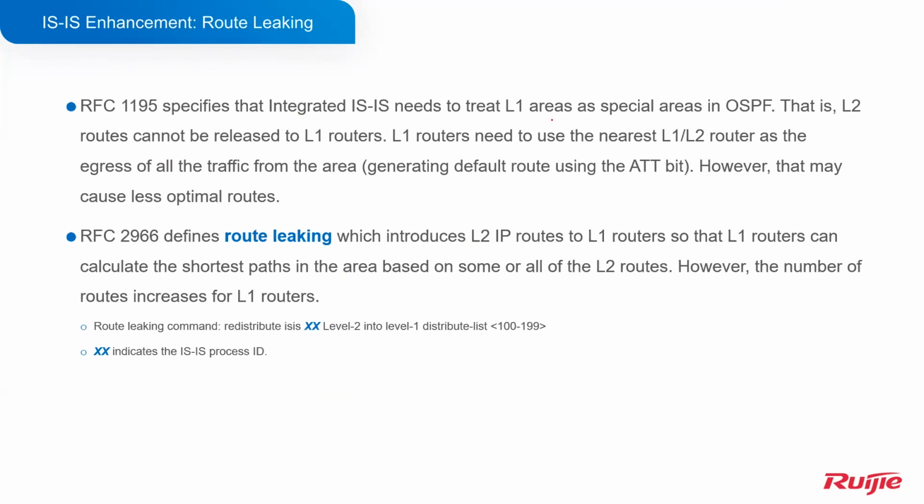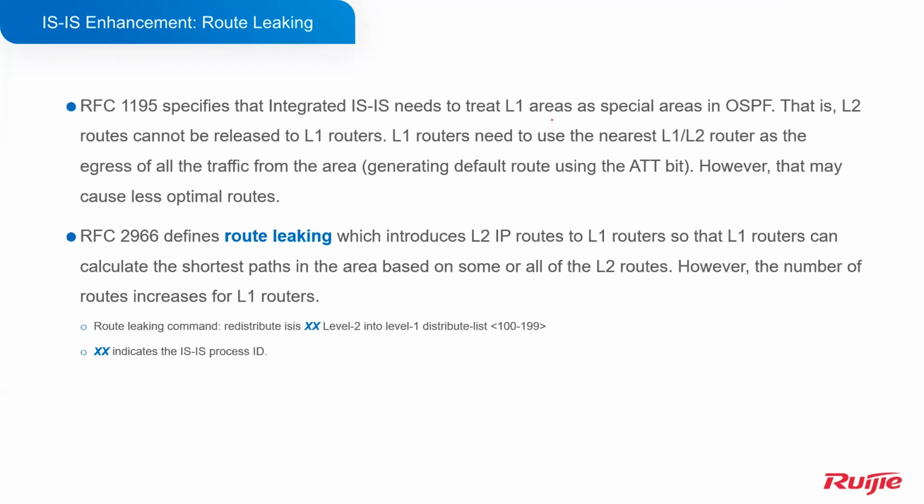That means if your router is a level 1 router, like a stub area in OSPF, you only need to know the detailed information about your own region. If you want to go outside, you can use the default route from your level 1 and level 2 router.